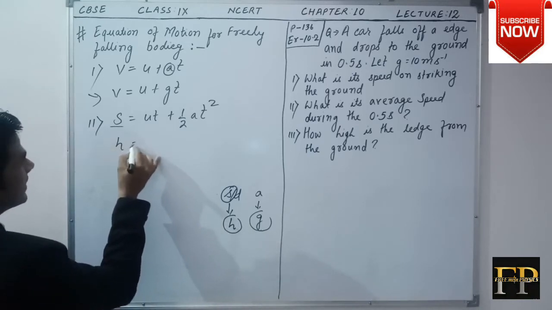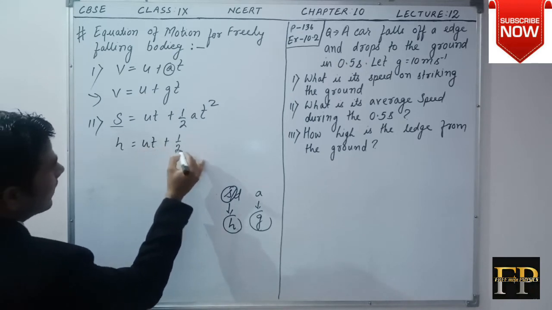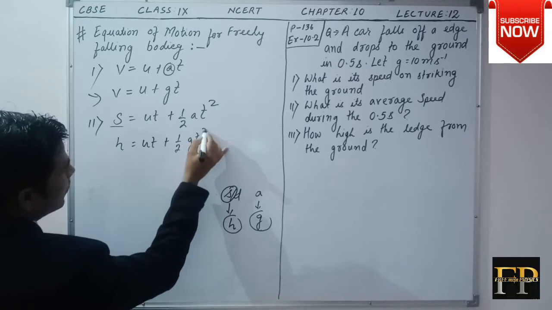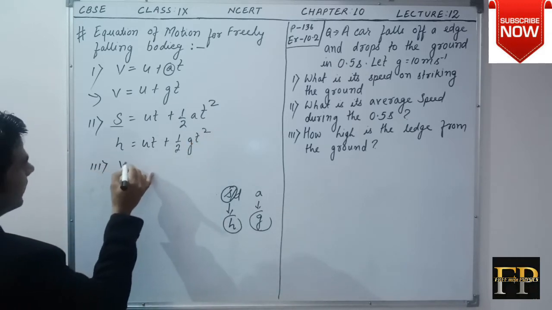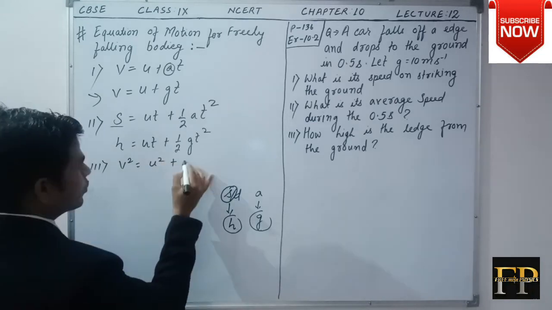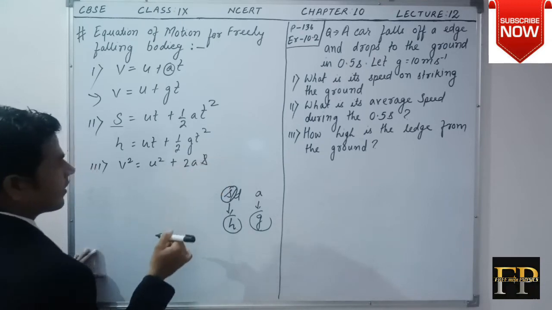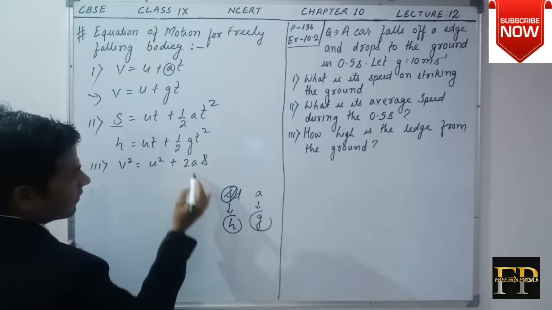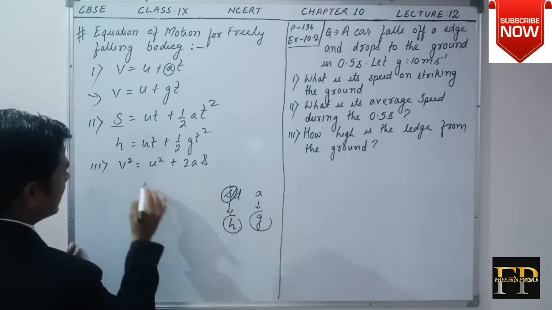So we will write h = ut + half gt squared. The third equation of motion is v squared = u squared + 2as. Here also a will be replaced by g and s will be replaced by h.